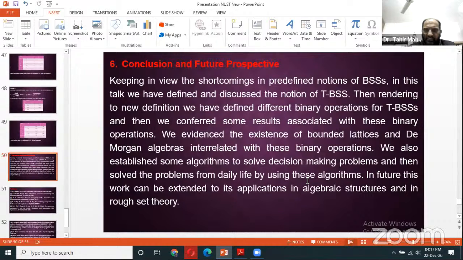We evidence the existence of bounded lattices and De Morgan algebras interrelated with these binary operations. We also established some algorithms to solve decision-making problems and then solve the problem from daily life by using these algorithms. In future, this work can be extended to its application in algebraic structures and in rough set theory.